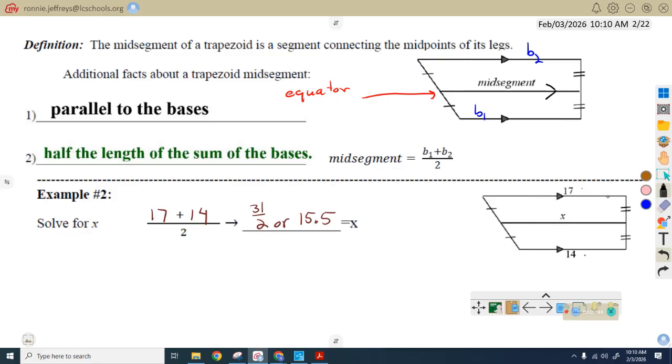Alright. Is everybody good through example 2? Does anybody need more time? A few people need more time. That's okay. We actually got people writing notes today. Small victories. You can't see that.